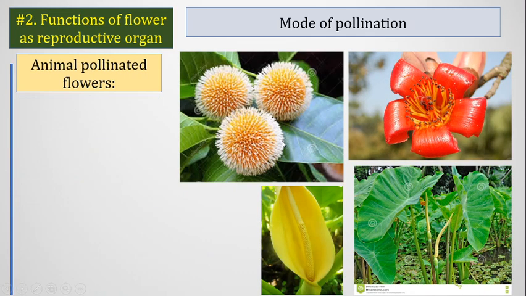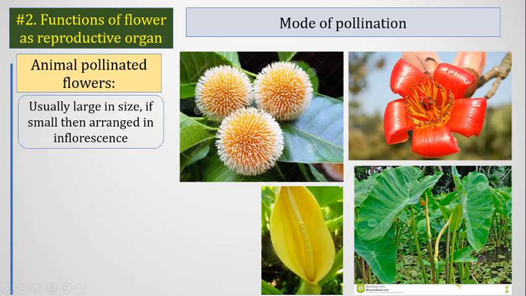And then the last one, we call them animal pollinated flowers. As an example of it, we say kodum, shimul, and taro, that means kochu gaser phul. So what are their features? Usually these flowers are large in size. If they're small, then they're arranged in an inflorescence.